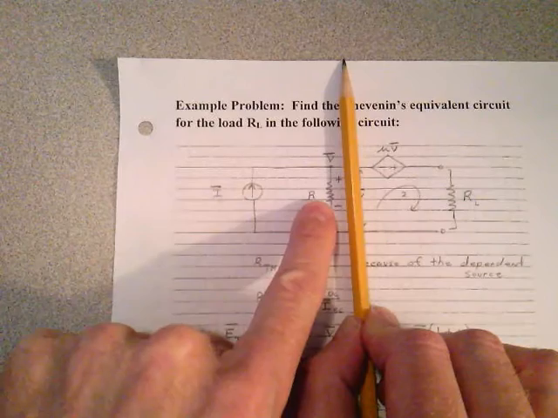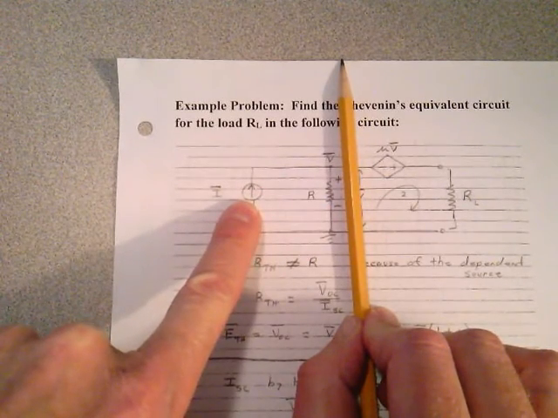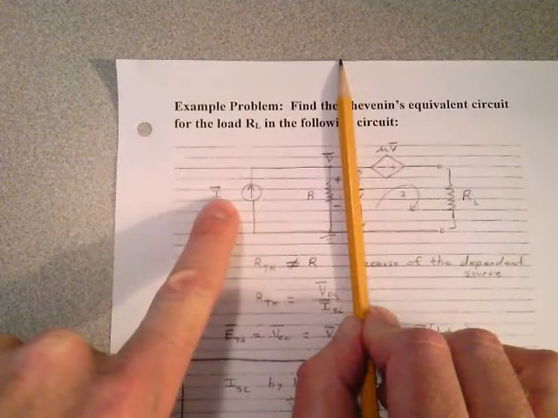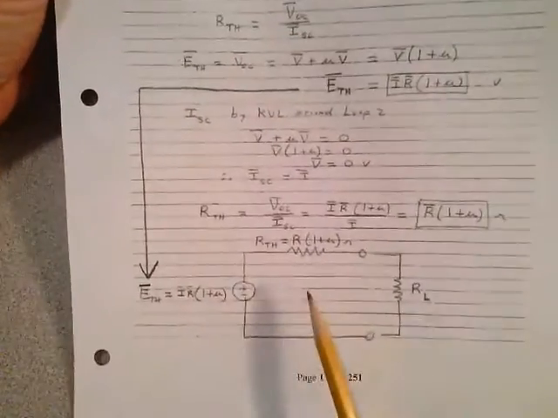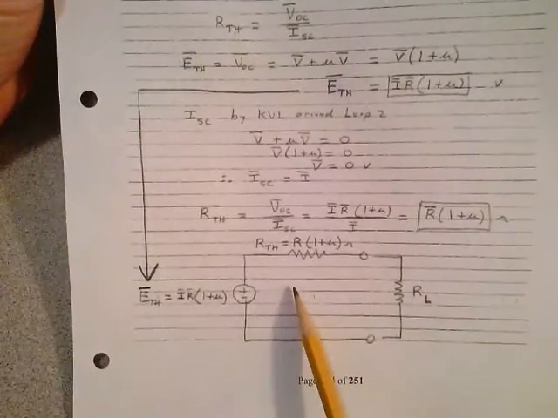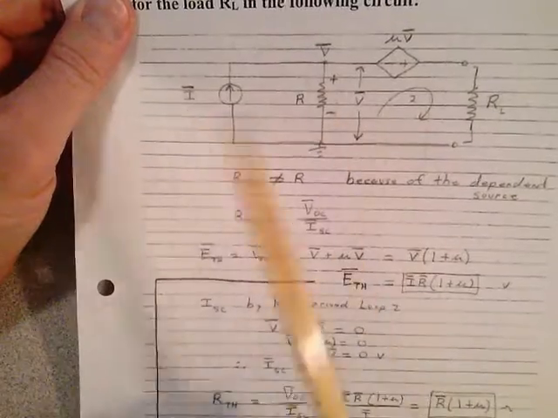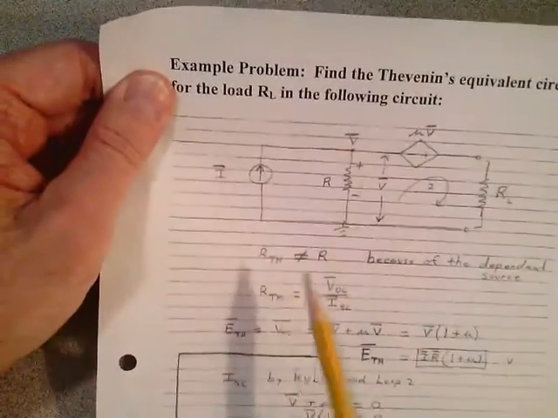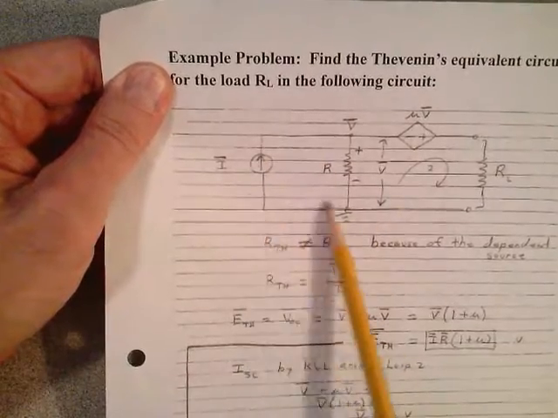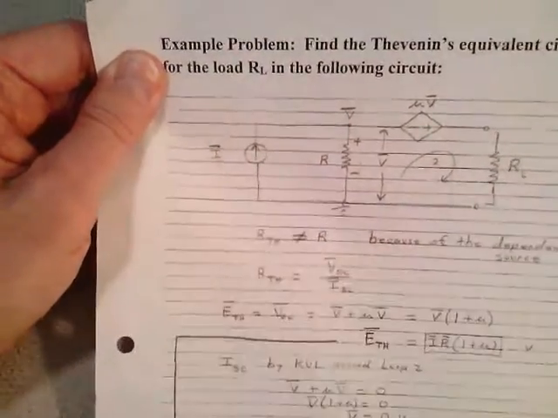Just move this R up here and replace this with a Thevenin voltage of I times R. And you can work the problem. You'll get the same solution. Maybe it's easier to see it that way. That's not breaking any rules. This may be more difficult for people to see. Maybe if you rewrite this in terms of Thevenin equivalent, and then you Theveninize that complete circuit, it might work out easier for you.